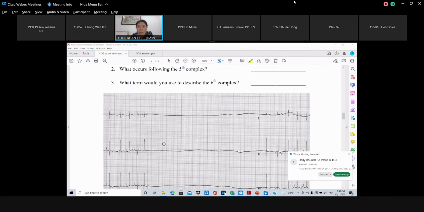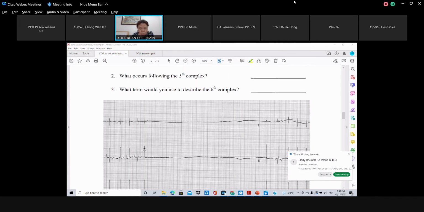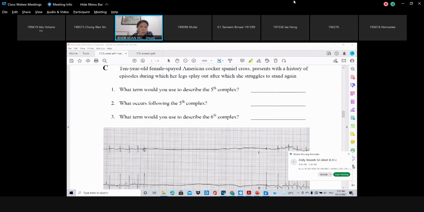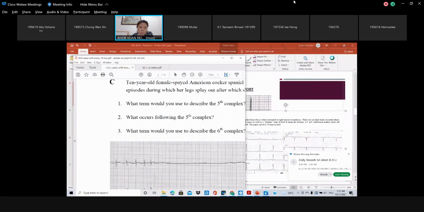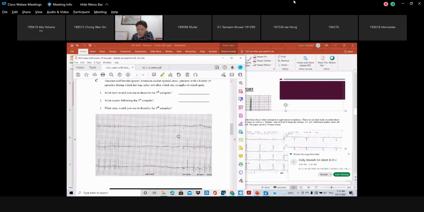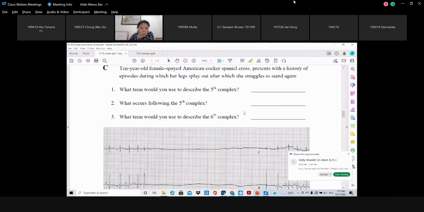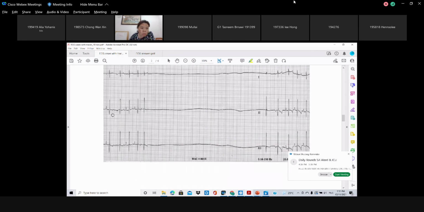So let's look at lead 2. 1, 2, 3, 4, 5. Group number 9, what do you think? This one make it bigger lah. Group number 9, what do you think?